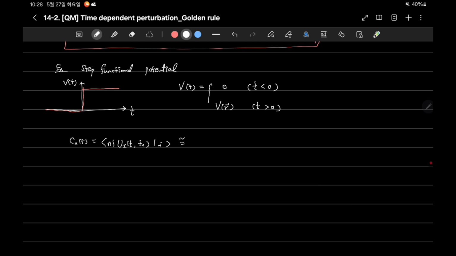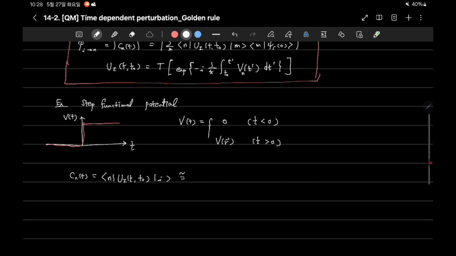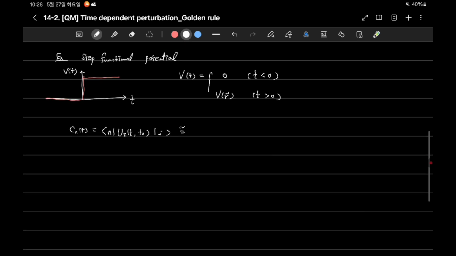In the first order, this exponential can be expanded as a Taylor series, but let's calculate only the first order: 1 minus i over h bar times the integration from 0 to t of dt' V_I(t'), acting on the I state.